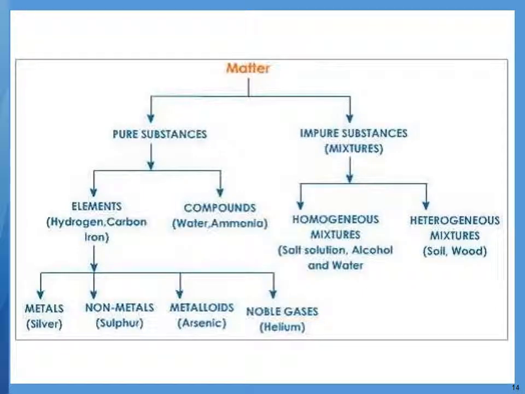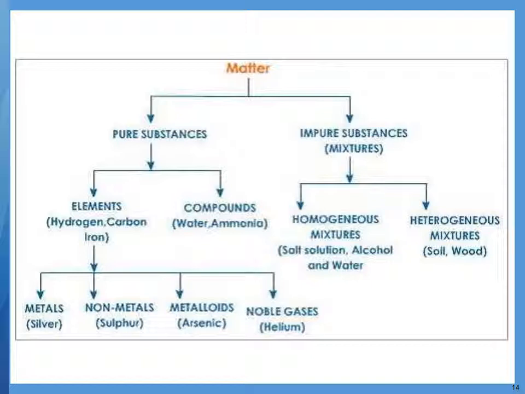All right, so here's just a summary. Matter, we have pure substances and impure substances, which are mixtures. Pure substances could be either elements, like we'll see in a minute on the periodic table, or compounds, which are elements chemically combined with each other. And then you can see here elements can actually be further divided.